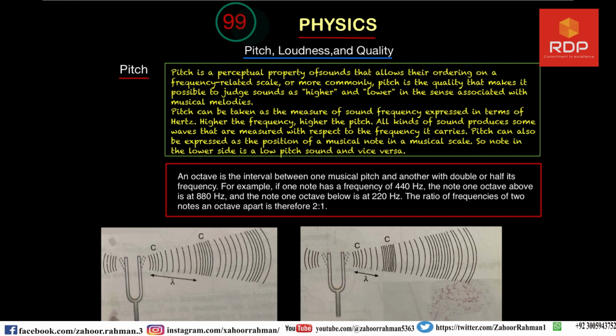When set into vibration by hitting the tuning fork with a hard rubber mallet, both tuning forks will send out sound waves of different frequencies into the surrounding air.